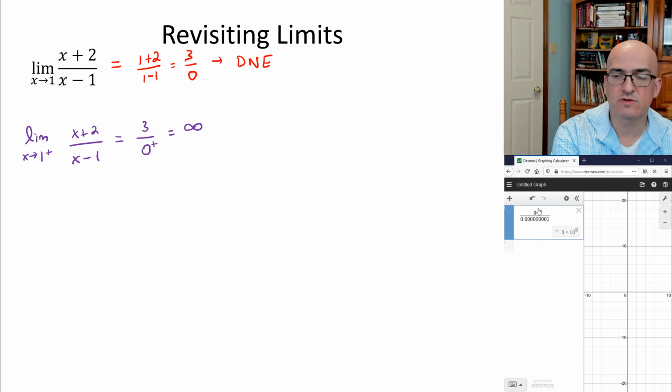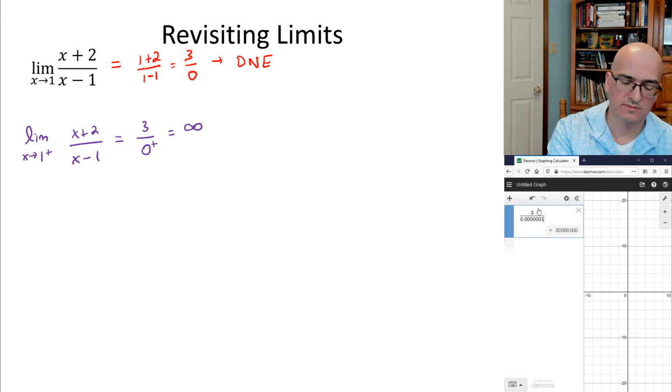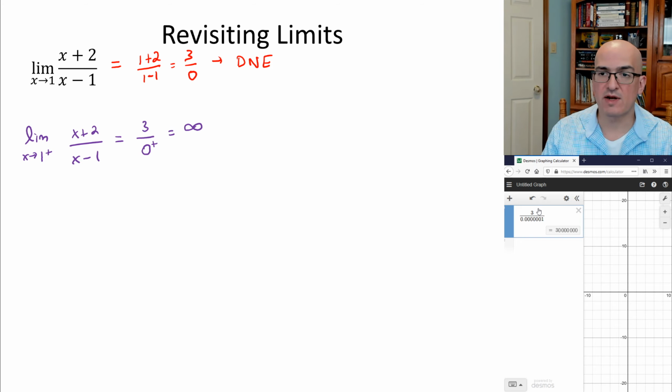And as we get closer and closer to 0, we got 30 million. As the denominator gets smaller and smaller, so as we divide by a smaller number, the outcome of the calculation gets larger. So 3 divided by 0 plus, that's positive infinity. We can make this number as large as we want by making the denominator get sufficiently close to 0.